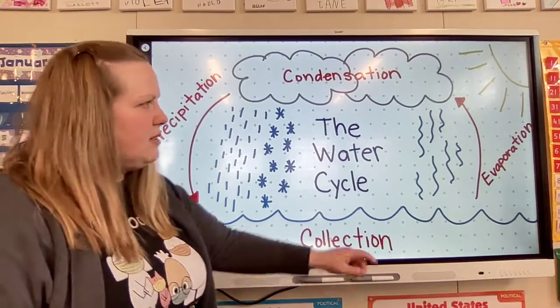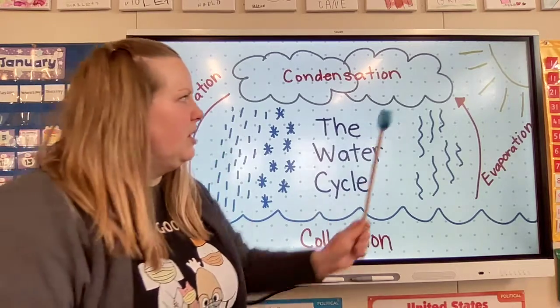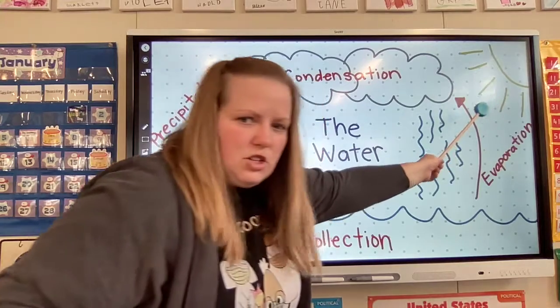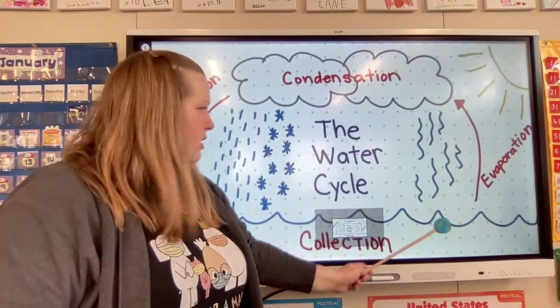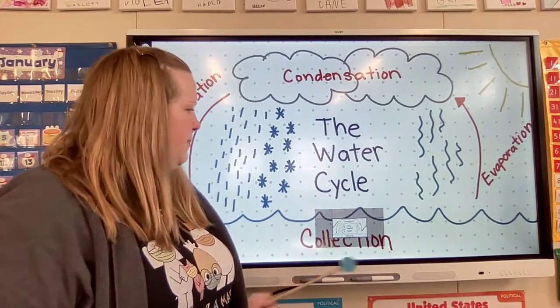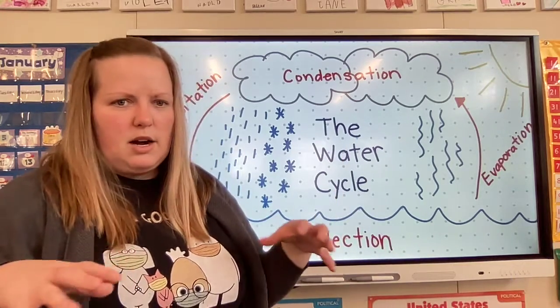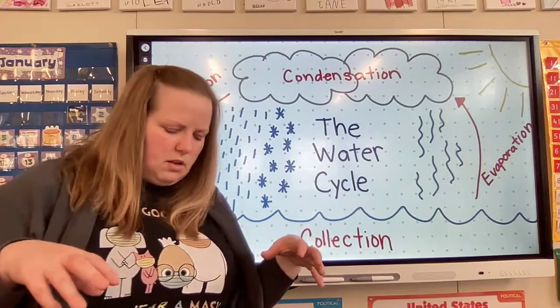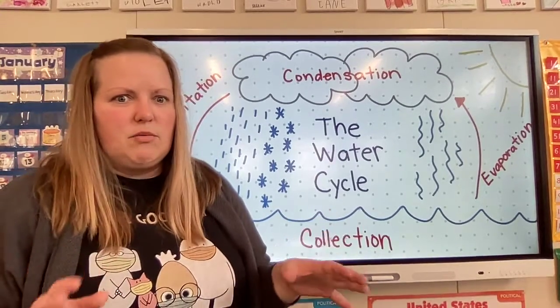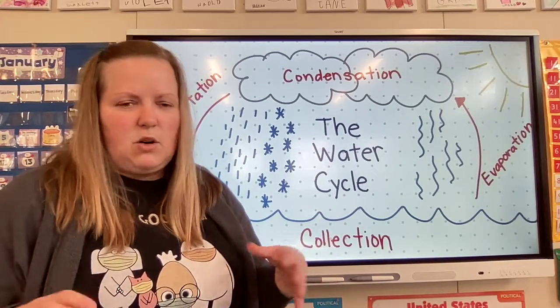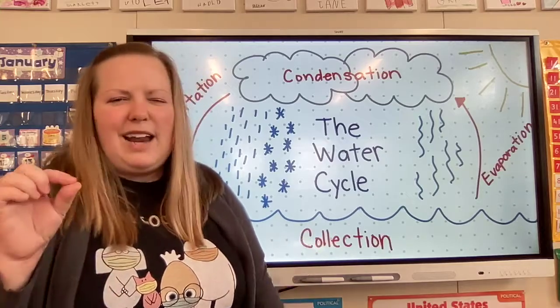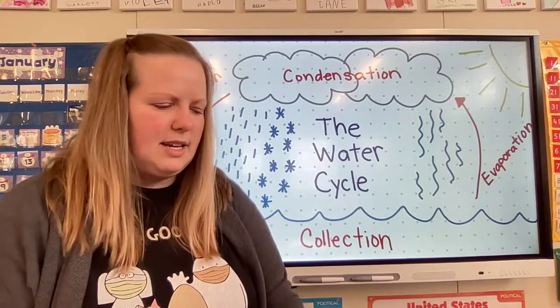And what happens, I have my little pointer with the world, is the sun shines down onto all that collected water and it heats it up, and the little water atoms, they get really, really hot, and they get so hot that they shake, shake, shake, and it happens so tiny that we can't see it.